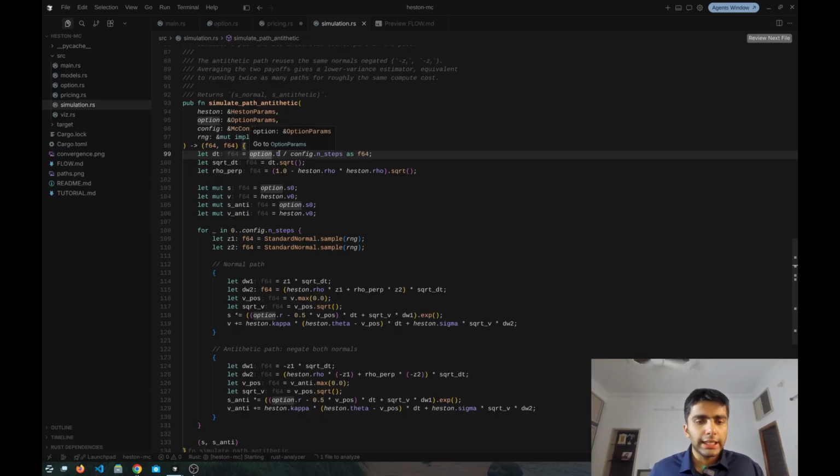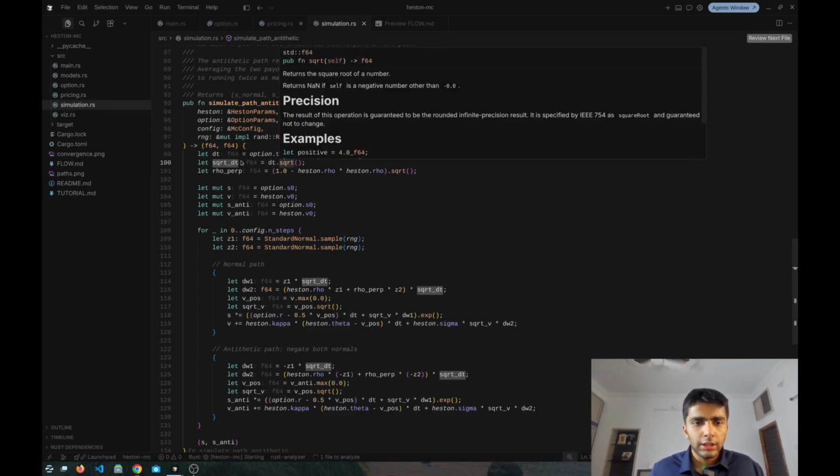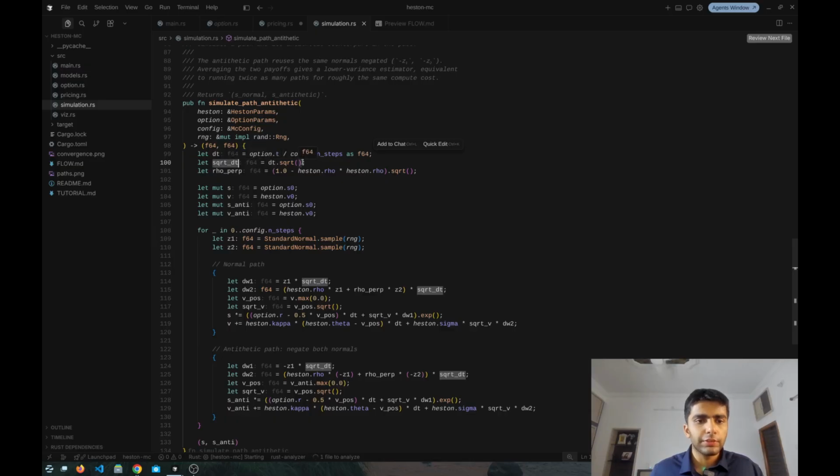In this line we are dividing the time to expiry of that option by the number of steps needed to simulate that path, so that upon dividing we get the size of each step, size of each jump, which we represent by dt, and then here we will take the square root of dt. This will be helpful because we know that the Brownian motion scales by the square root of dt on every dt increment.